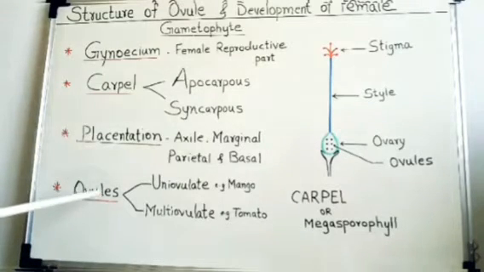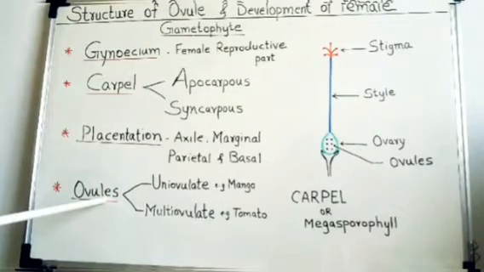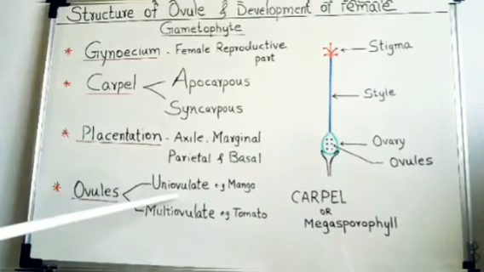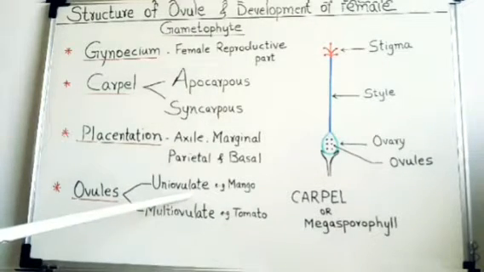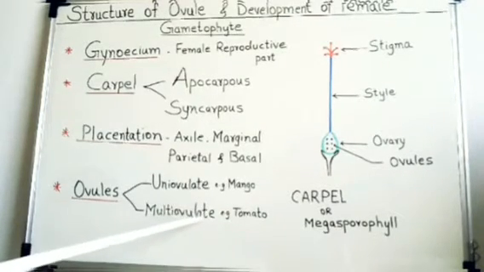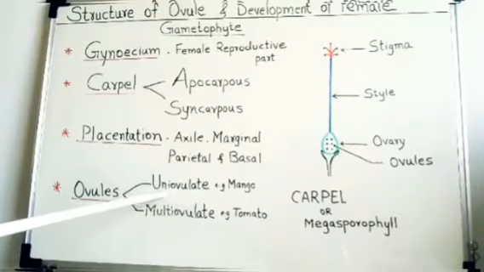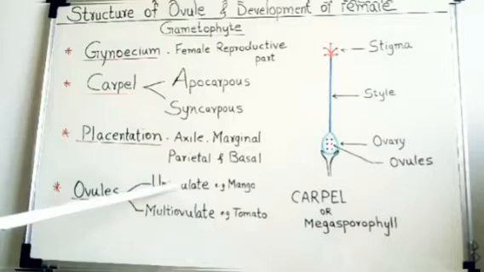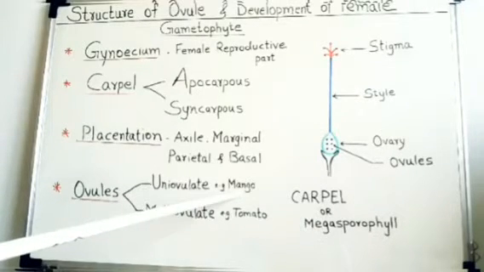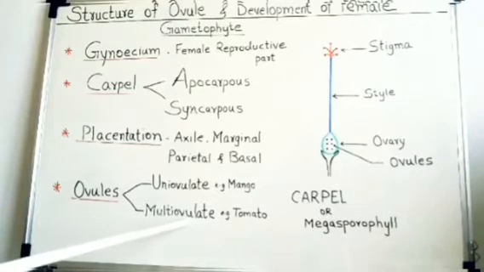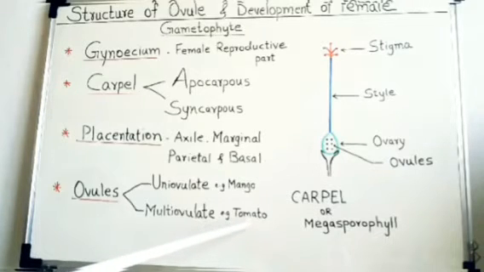Now, depending upon the number of ovules, they may be uniovulate or multiovulate. Uniovulate means when only one ovule is present, and an example of uniovulate is mango. When many ovules are present, it is called multiovulate, and the example of multiovulate is tomato.